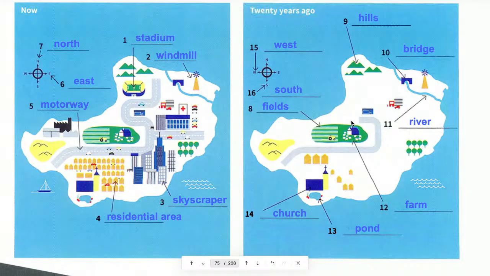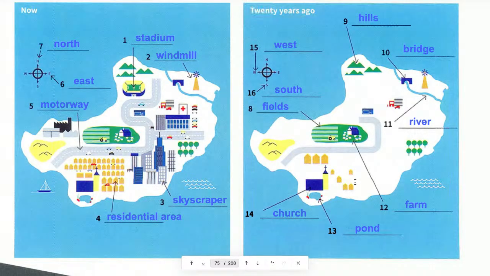In front of this, in the past, it only had trees. But now it has skyscrapers. Many houses have been built in the residential area.